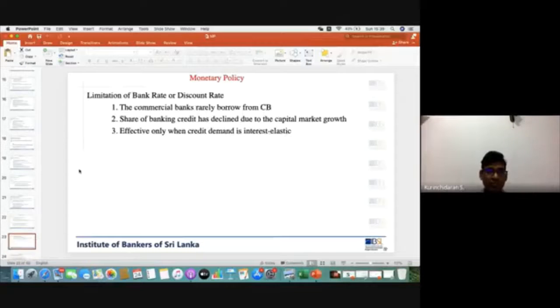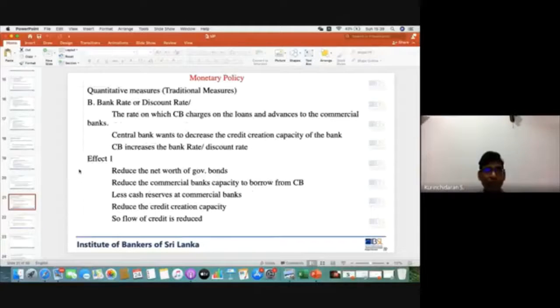So you can see through bank rate also, the central bank can change the money supply. When the central bank changes the bank rate, there can be three effects, right? Effect one, finally the flow of credit is reduced.